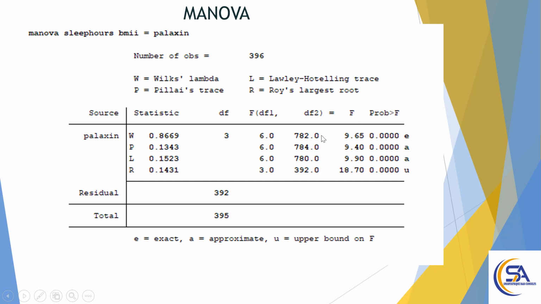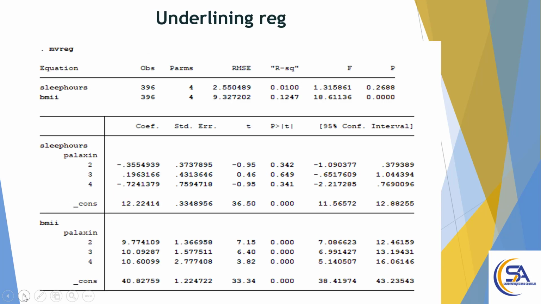In this test, we can say that yes, the drug had an effect because they are all significant at 1%. However, Wilks' lambda is sometimes recommended, but of course, whichever way, you will know the statistical protocol you stated in your research.